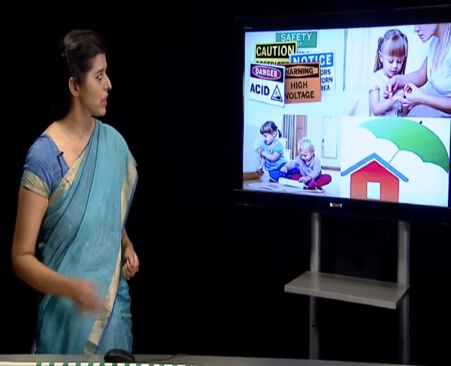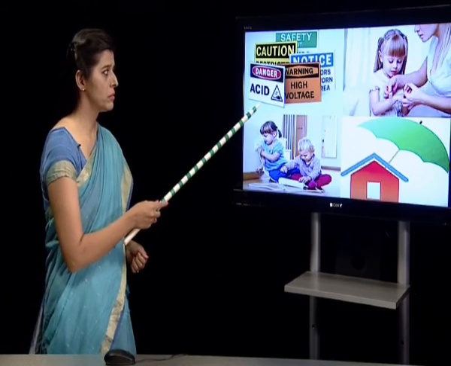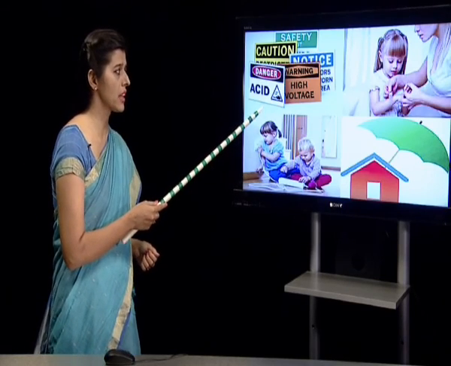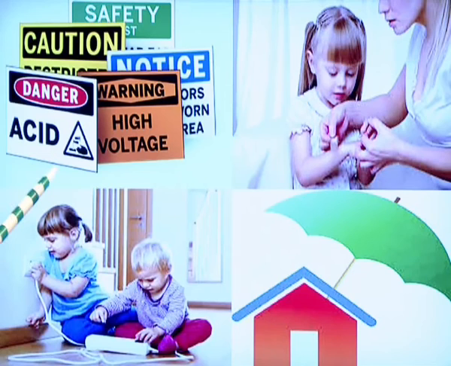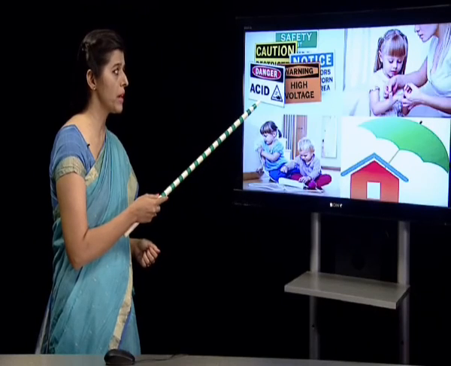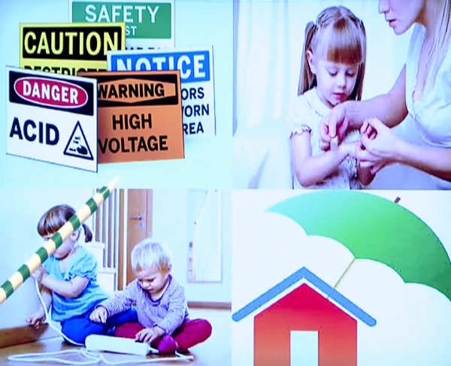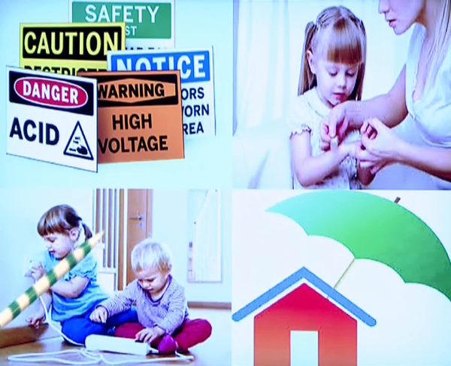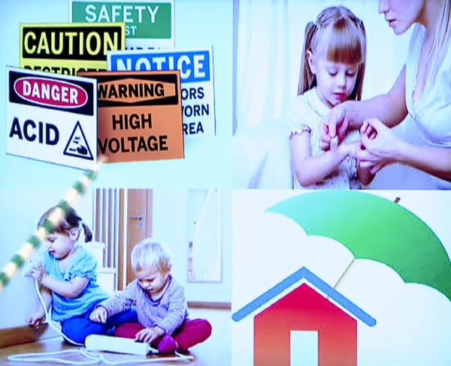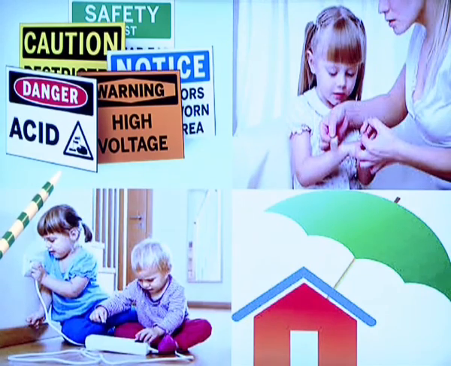You can see from the picture, maybe there is some acid kept for floor cleaning, and a child might come near it and burn himself. There is also a high voltage problem. Some sockets have high voltage, so warning signs and danger signs should be displayed so that people are cautious and don't go near a high voltage zone or touch the acid bottle.